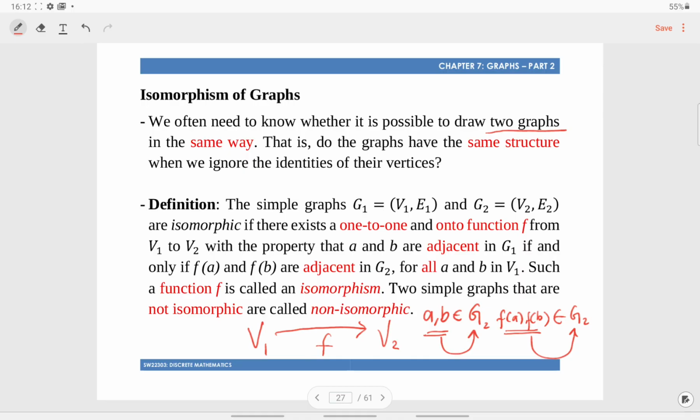Such a function f is called an isomorphism. Two simple graphs that are not isomorphic are called non-isomorphic.